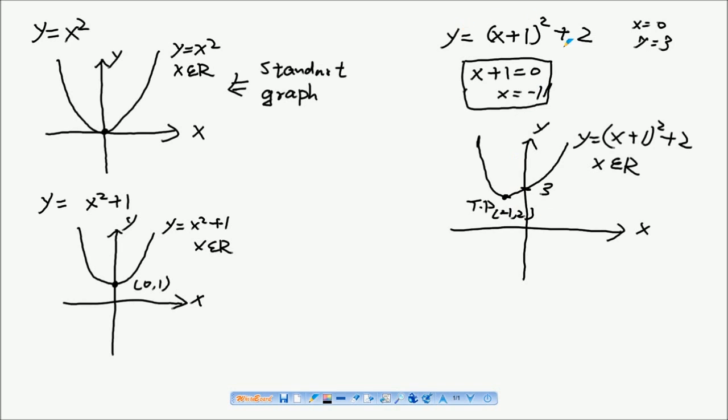The horizontal translation is found by making whatever is in the bracket equal to 0 and solving it, so x becomes -1. So the horizontal translation is -1 units, which means 1 unit to the left. If it's positive, it means 1 unit to the right. But in this case, it's -1.